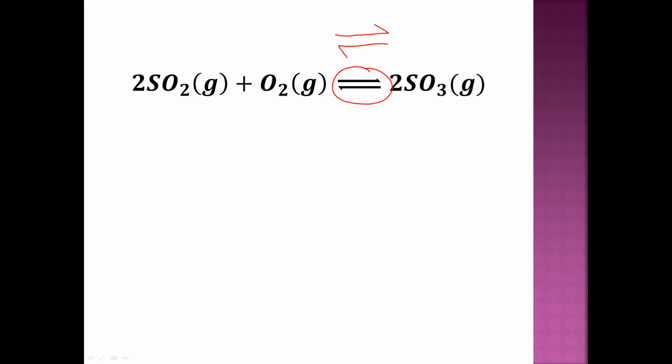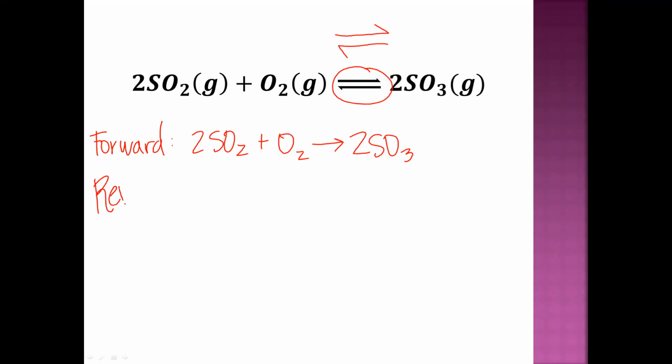And so because you have the arrows in both directions, that shows the forward reaction and the reverse reaction. So the forward reaction is how we would always read it, where we got the 2 SO2 plus the O2 makes the 2 SO3. That's what I mean by forward reaction, is that it goes from left to right. Now for the reverse reaction, I'm gonna flip it around on you.